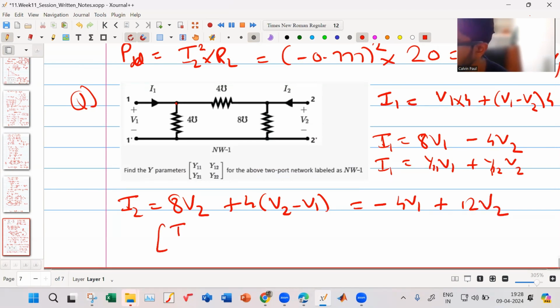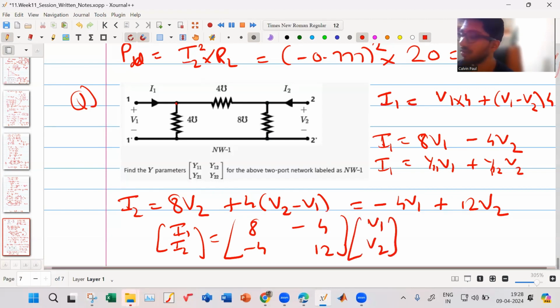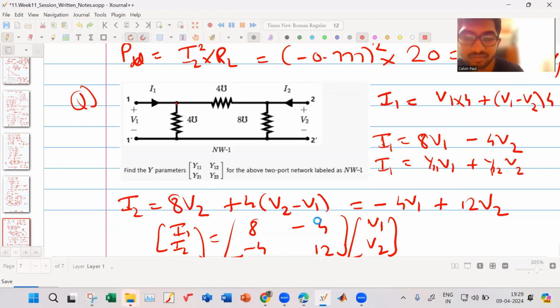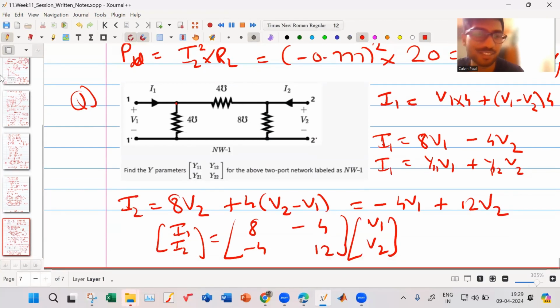So I get [I1, I2] equal to [8, minus 4; minus 4, 12] times [V1, V2]. So within 6 lines, we have solved it. 30 seconds. Need for speed.